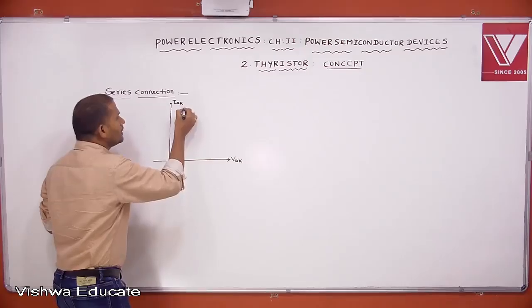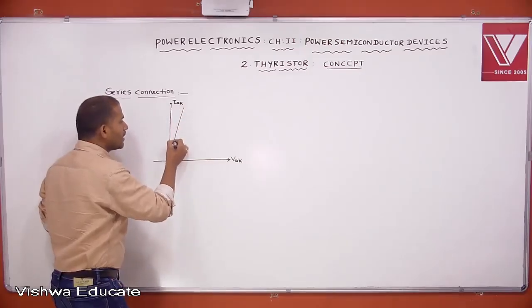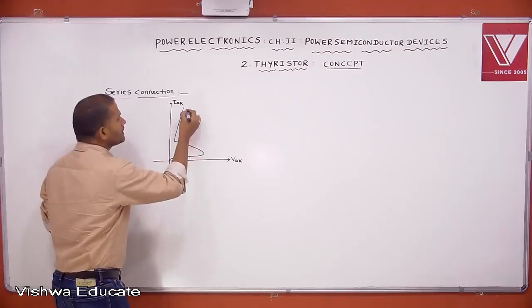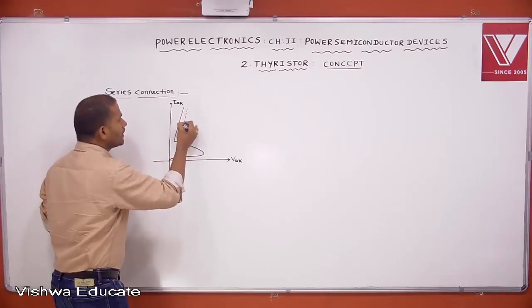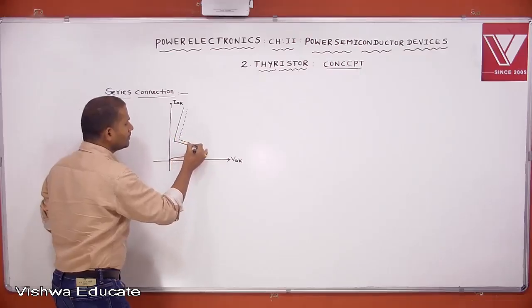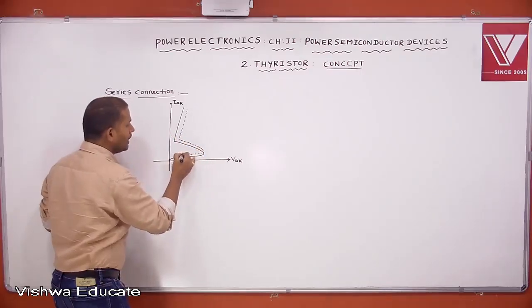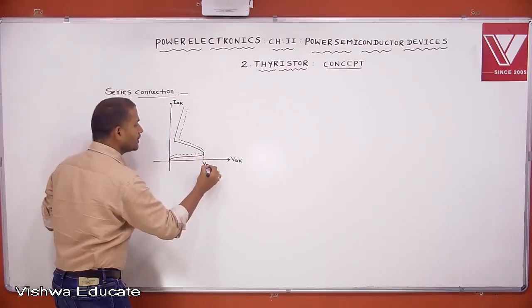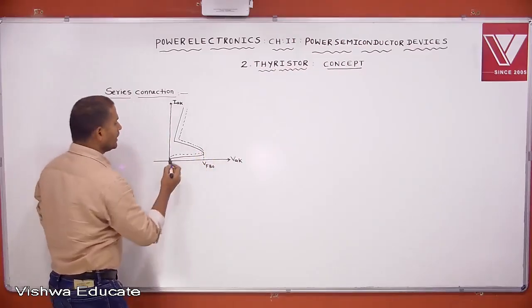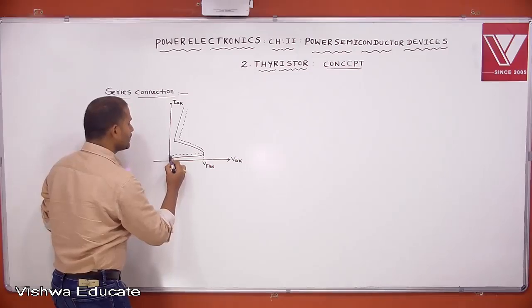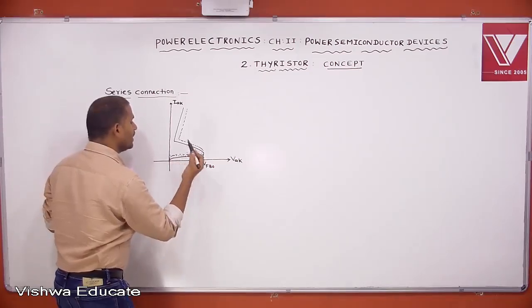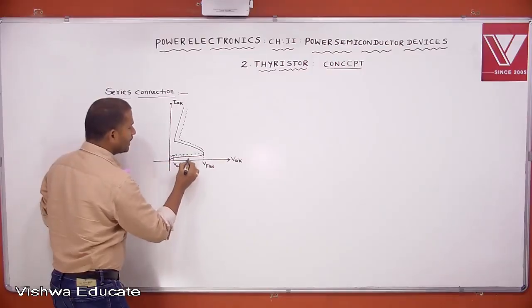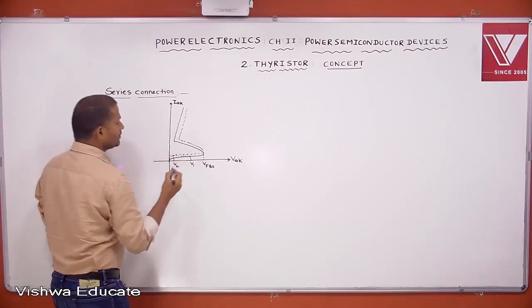This is the static VI characteristics of one SCR, and this is the static VI characteristics of another SCR. Due to unequal static VI characteristics, we are getting unequal voltage distribution. This is the forward breakdown voltage. If you consider the same leakage current, this is V2 and this is V1.